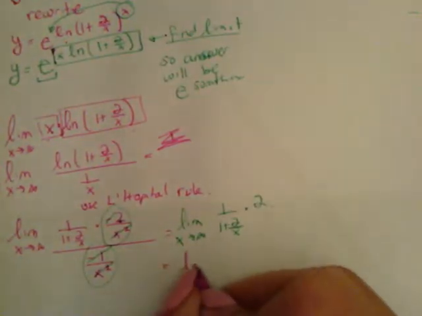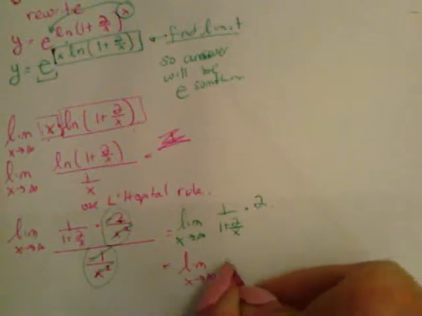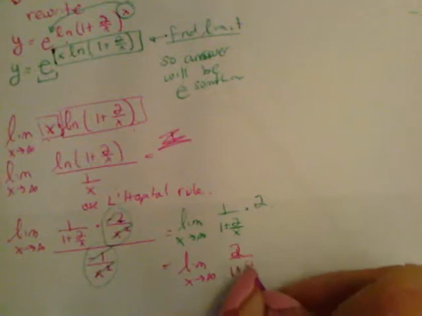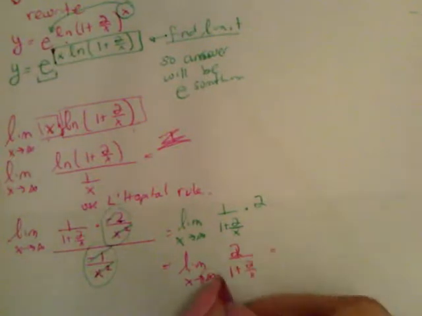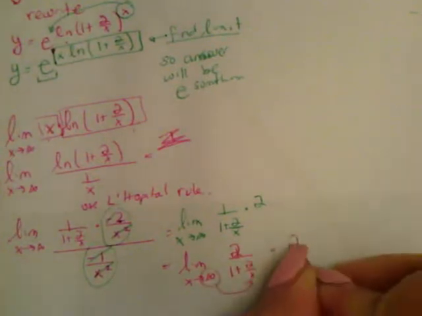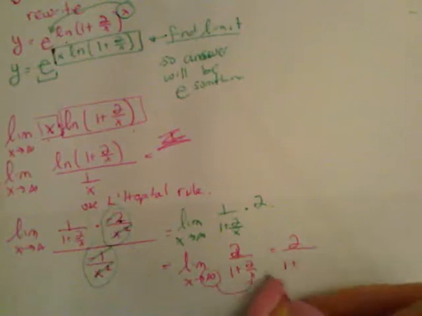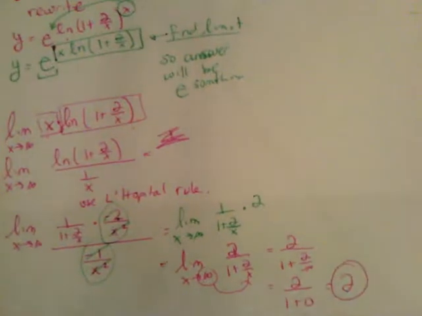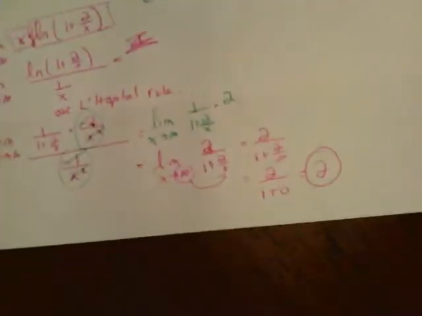So really this is the limit as x approaches infinity of 2 over (1 + 2/x). Now when we plug in infinity, this is 2 over 1 + 2/infinity, which is 2 over 1 + 0. So our final limit is 2.